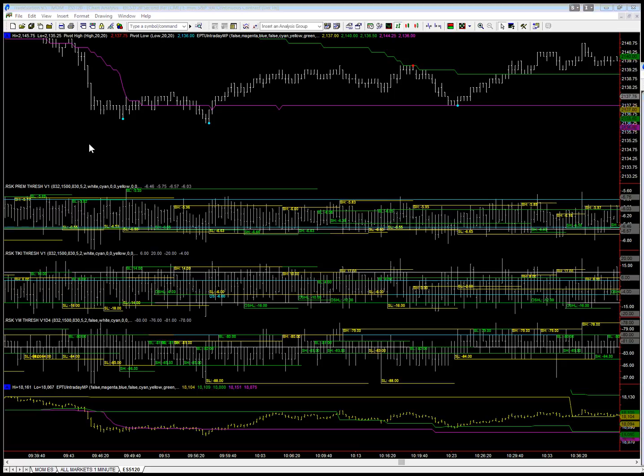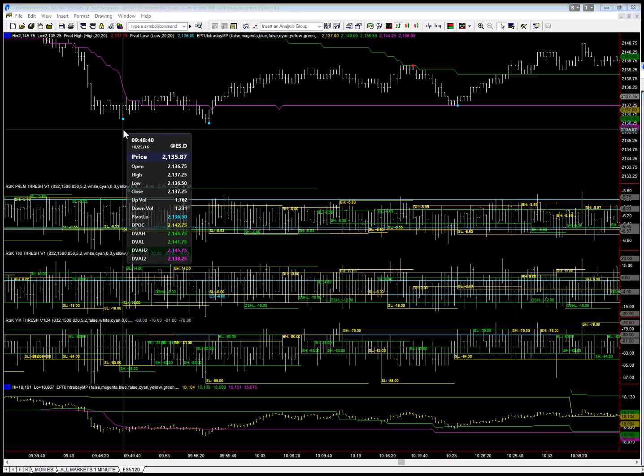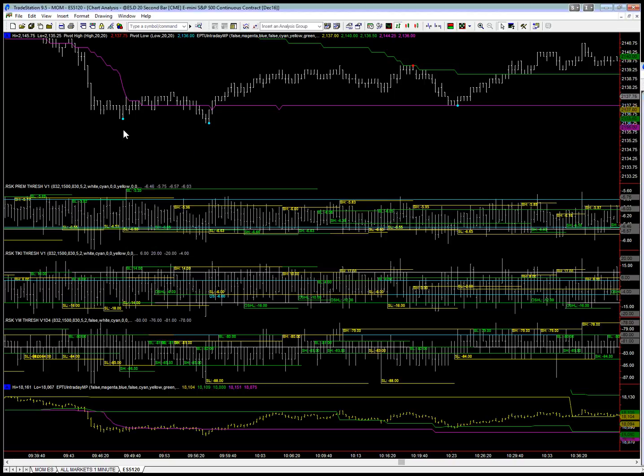So we're going to pick it up from these two low pivots. What we want to do is look at the premium as it moves down to these levels and at the pivot point where there is a divergence. And you can see very clearly on the ES as well as on the Ticky that we have a divergence there in the Ticky.